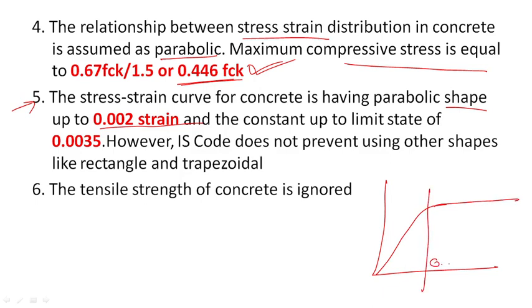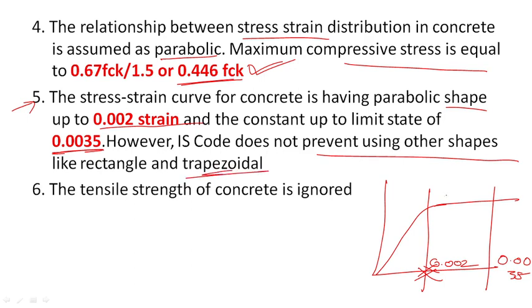Here this is 0.002 and here this is 0.0035. So the fifth point says that the strain is 0.002 and the stress is constant up to the limit state of 0.0035. However, the IS code does not prevent using other shapes like rectangle and trapezoidal. This is the rectangular portion and this is the triangular portion. Remember this one also.